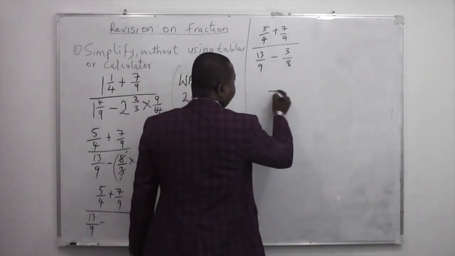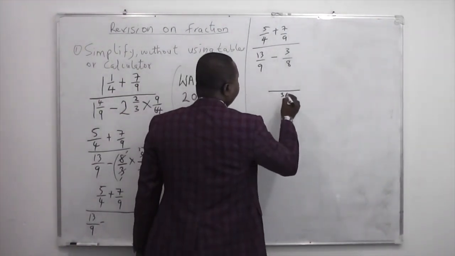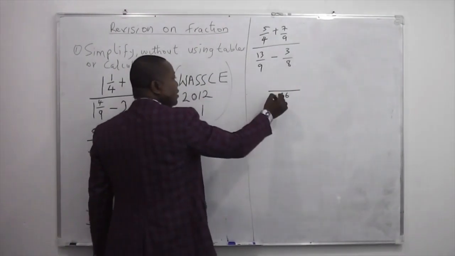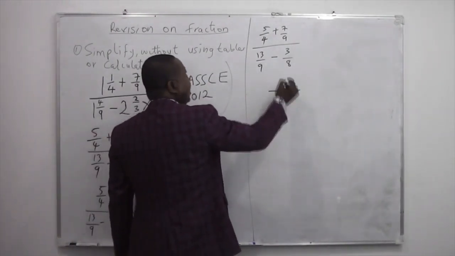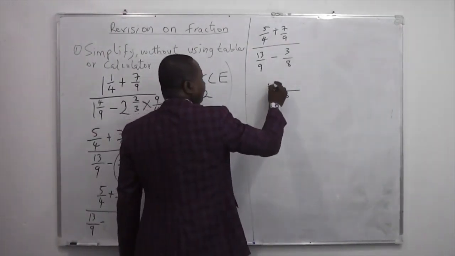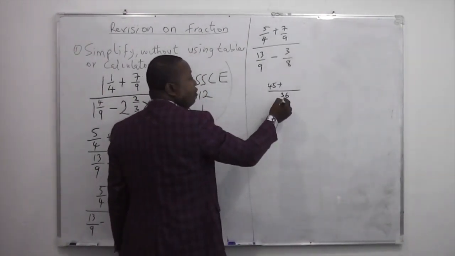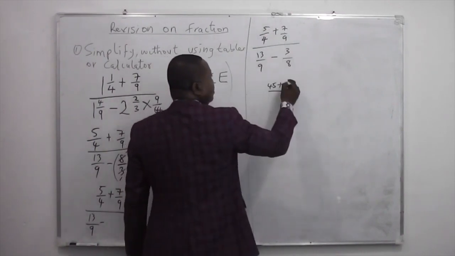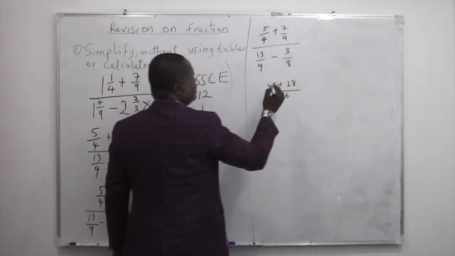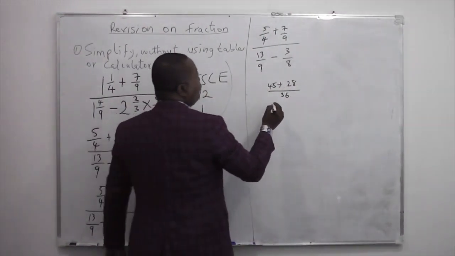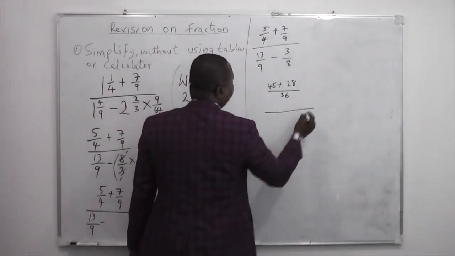So I will start by writing 36 here. Now 4 into 36 is 9. 9 times 5 is 45, plus 9 into 36 is 4, 4 times 7 is 28. Is that understood? Then I also go for the denominator. Then what is it?